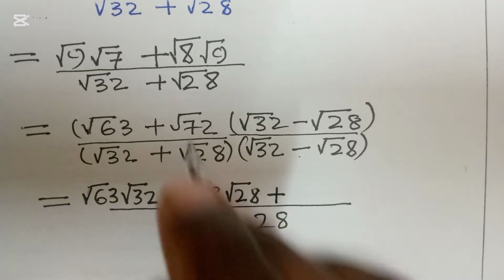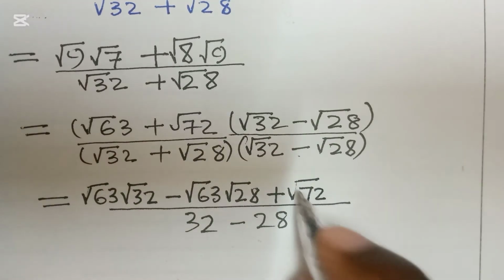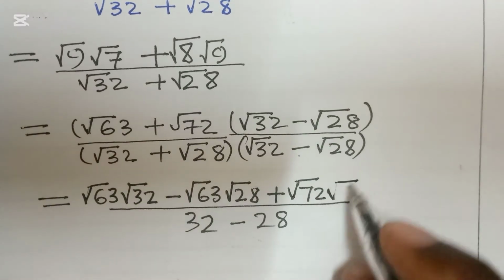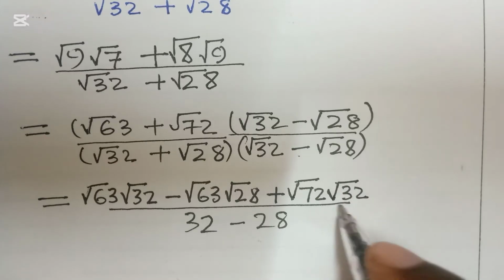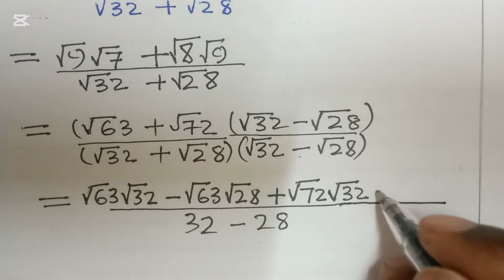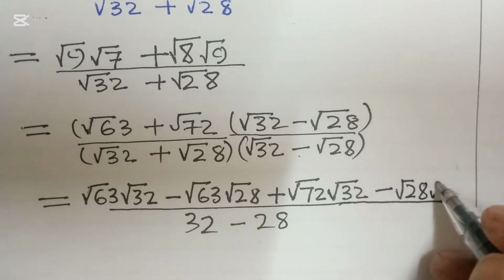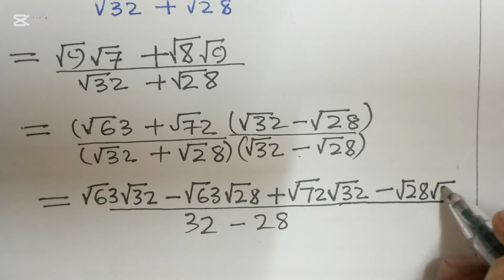Plus now square root of 72 times square root of 32. Then finally, minus square root of 28 times square root of 72.